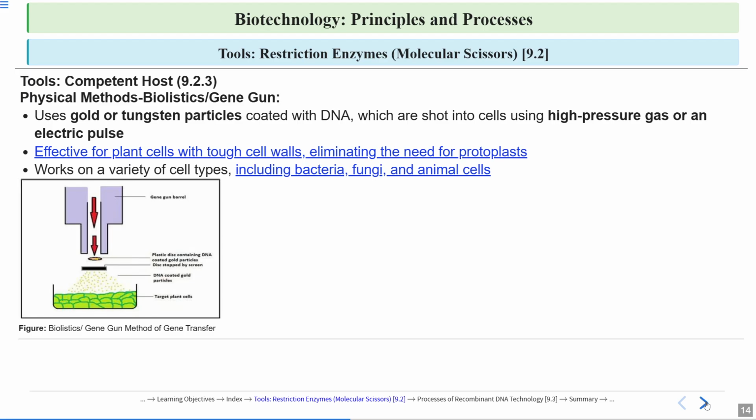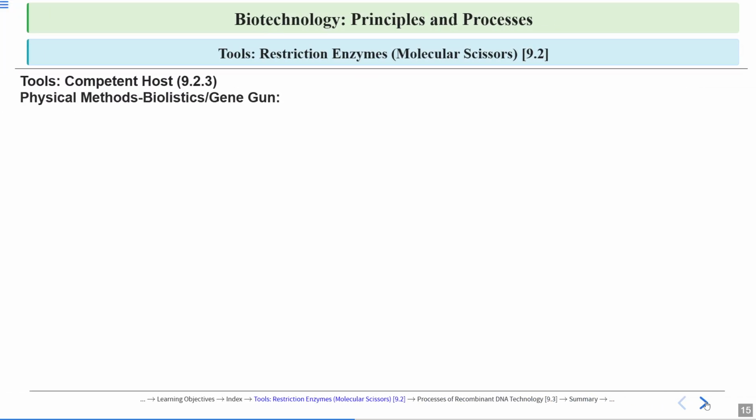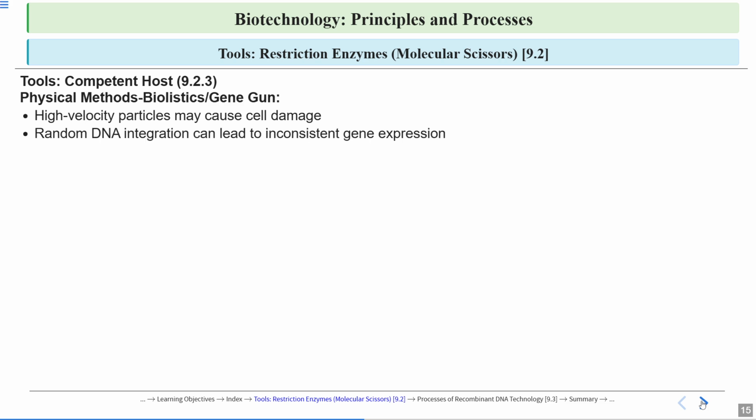I'm moving ahead. There are some disadvantages to this. First, the very high velocity particles may damage the cell, and there could be random DNA integration, which can lead to inconsistent gene expression.